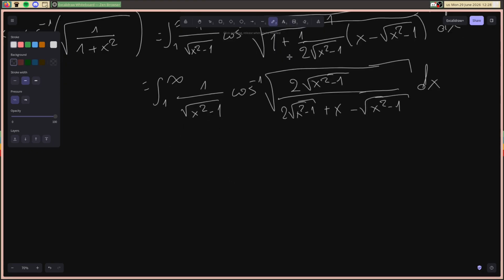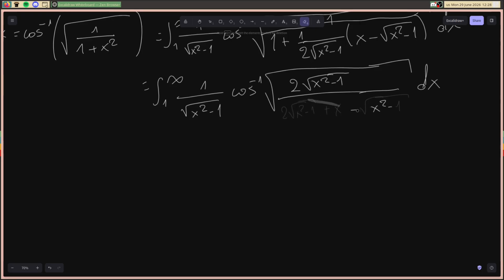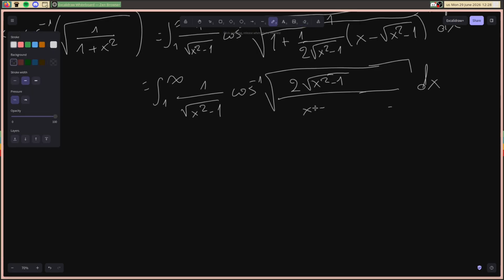And finally, you can write this as just x plus the square root of x squared minus 1.